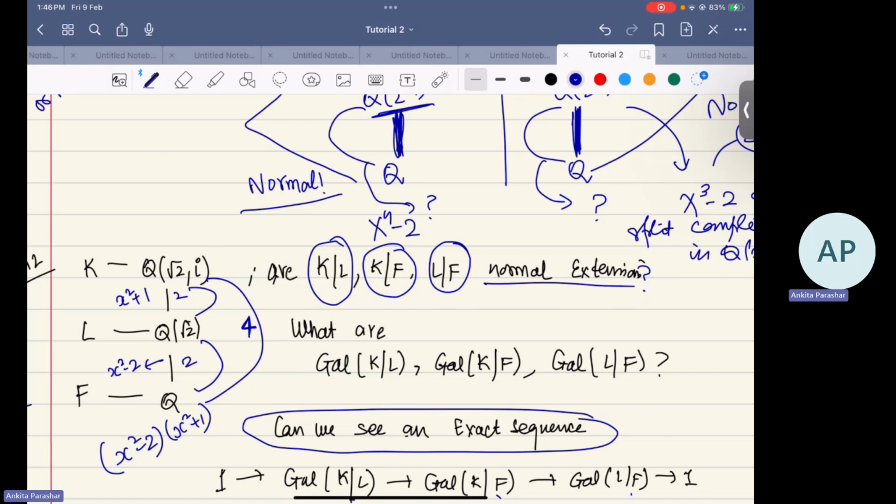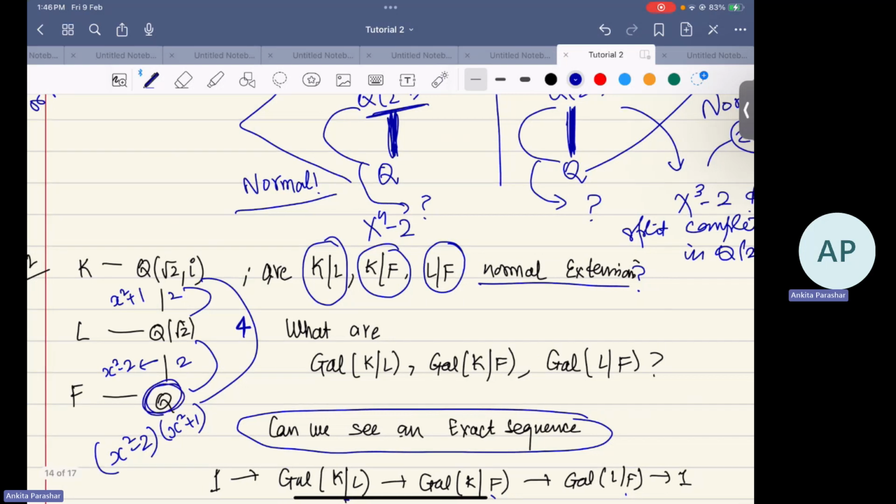Why? Because we saw any degree 2 extension over a characteristic 0 field is always normal. Both these are characteristic 0, so both these extensions are normal without any proof. Any degree 2 extension over characteristic 0 is always normal.